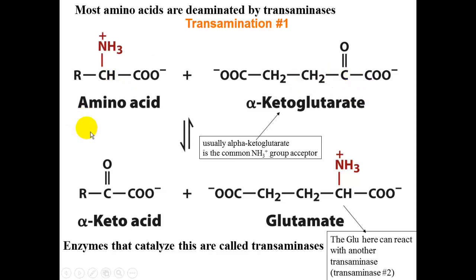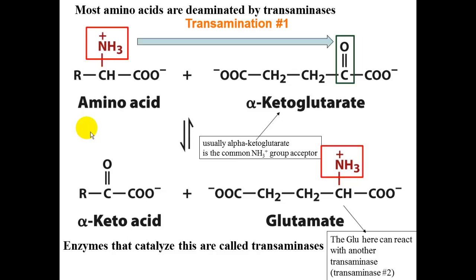So the chemistry involves the formation of a Schiff base and a cofactor known as pyridoxal 5-phosphate. We'll briefly touch on the mechanism a couple of slides from now. But here you can see the alpha amino group amidating the C double bond O through a Schiff base mechanism. As a result of that, this amino acid becomes the corresponding alpha keto acid.